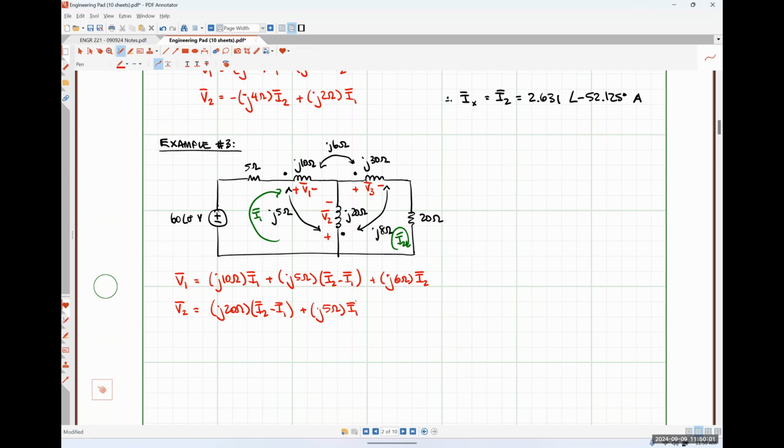And then lastly, the mutually induced term due to the coupling between the J20 and the J30. So J8 times I2. All right, I agree with that because our current I2 is flowing into the dot.